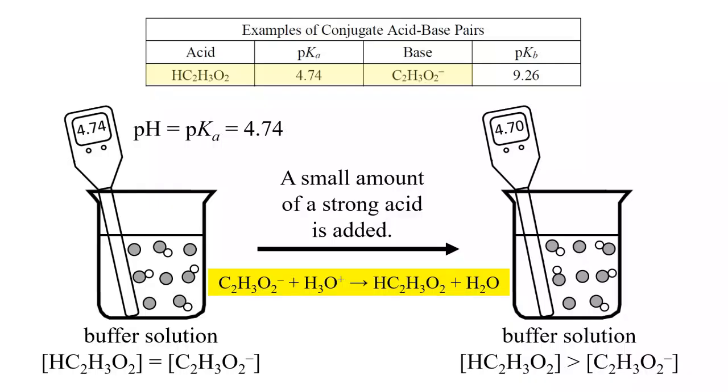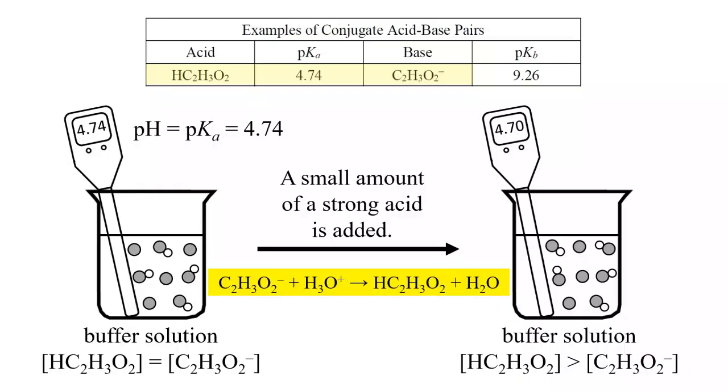Yes, but now in that buffer solution, the concentration of acetic acid is no longer equal to the concentration of acetate. Because a small amount of a strong acid is added, now the concentration of acetic acid is slightly greater than the concentration of acetate. So it's still a buffer solution, but the concentration of each of those buffer components has changed a little bit.